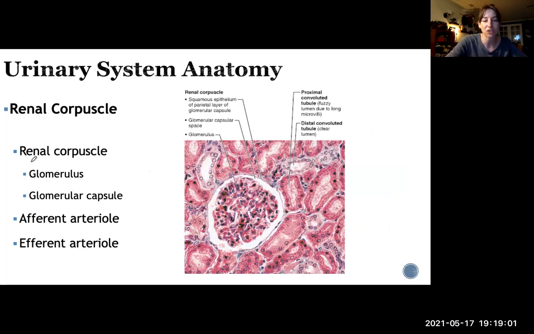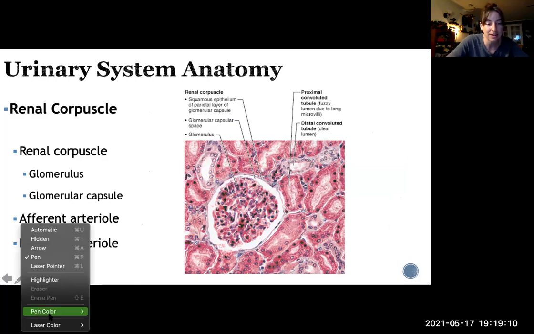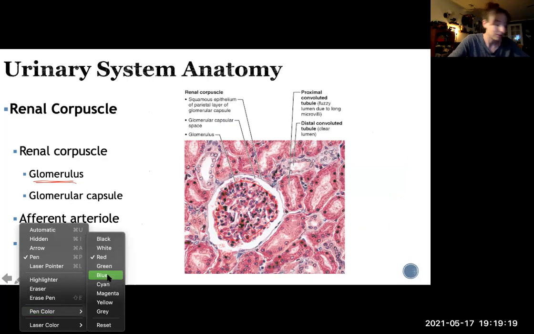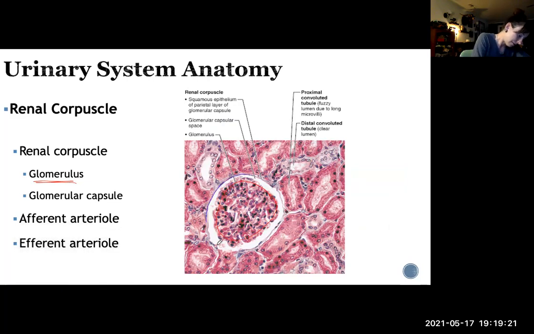Here is a slide of some kidney or renal tissue, which is really cool. This terminology is all the same. I just want to show you what this looks like. You literally have the glomerulus on the inside and the glomerular capsule on the outside.